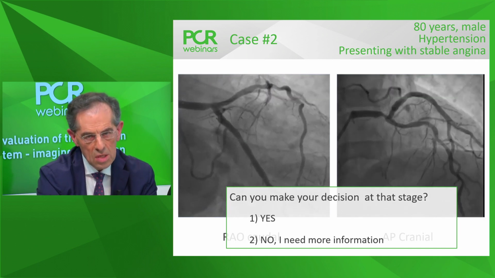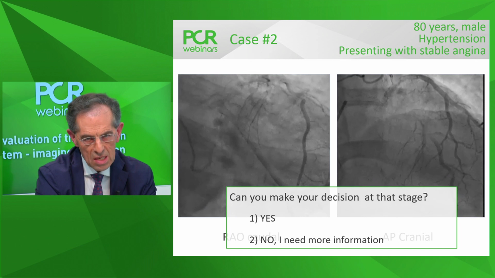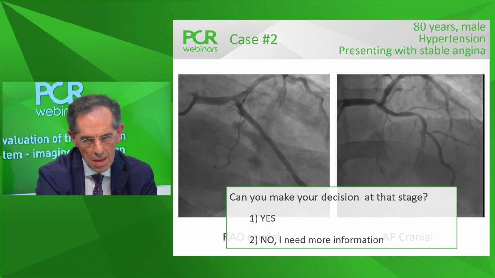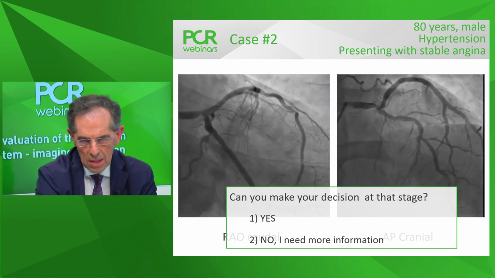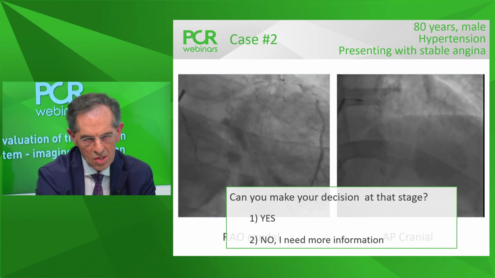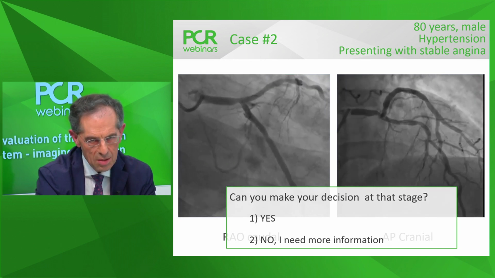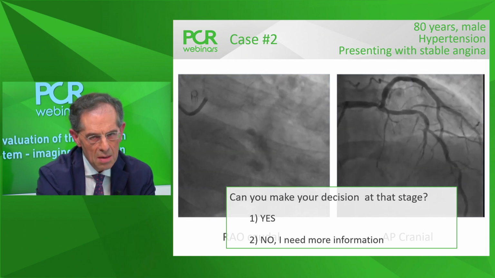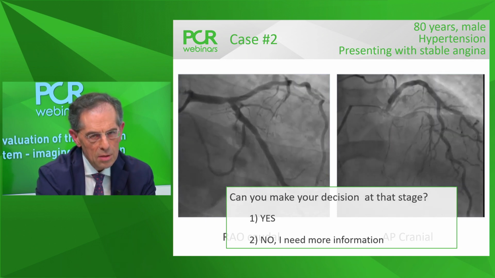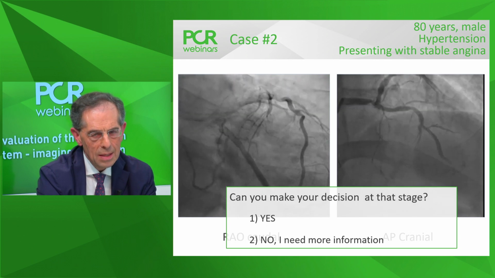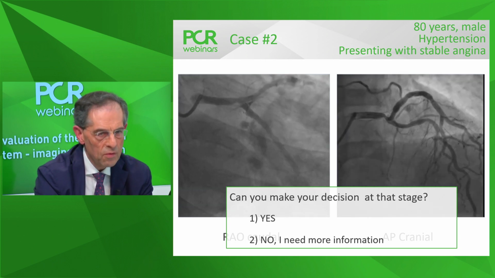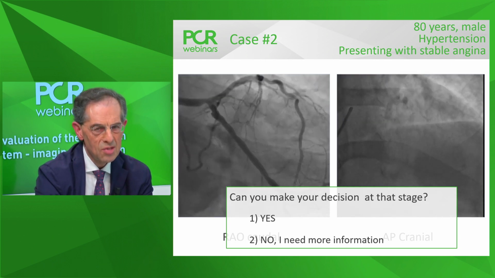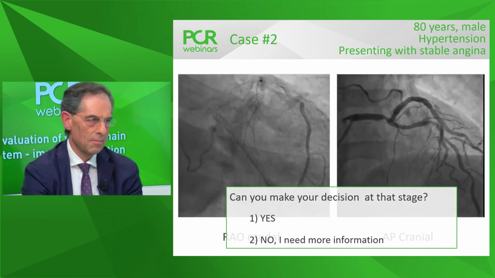But of course, you may see the circ is very big, so we need to have a precise sizing in case we are making the decision about the left main. So I think that imaging might help a lot in getting the full information available for deciding what to do and how to do it.